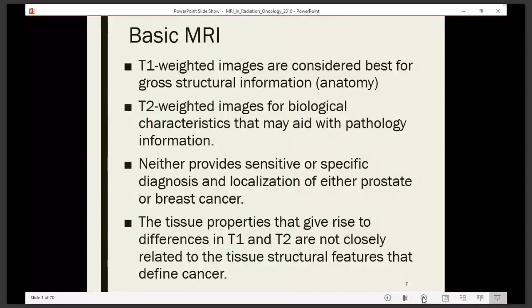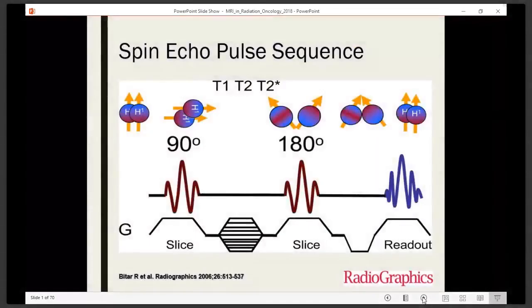Also, the tissue properties that give rise to the differences in the relaxation times are not closely related to the tissue structures that define the cancer. So, though you can often visualize the cancer very well, you may or may not get deep information about the state of the tumor, whether it's malignant or not, for example.